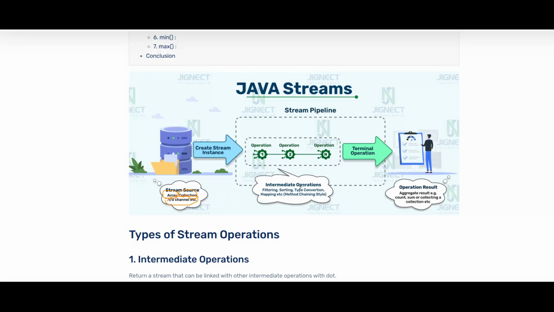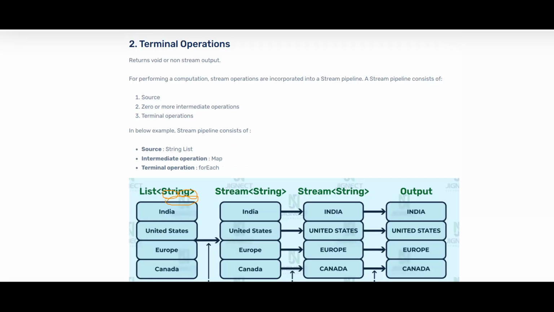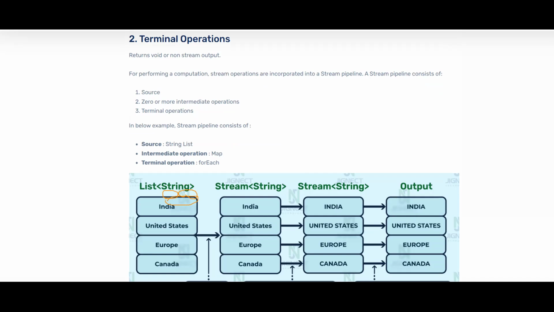So we also saw an example wherein we were trying to make a list of countries, where we said the source is nothing but a list. It's a list of strings.